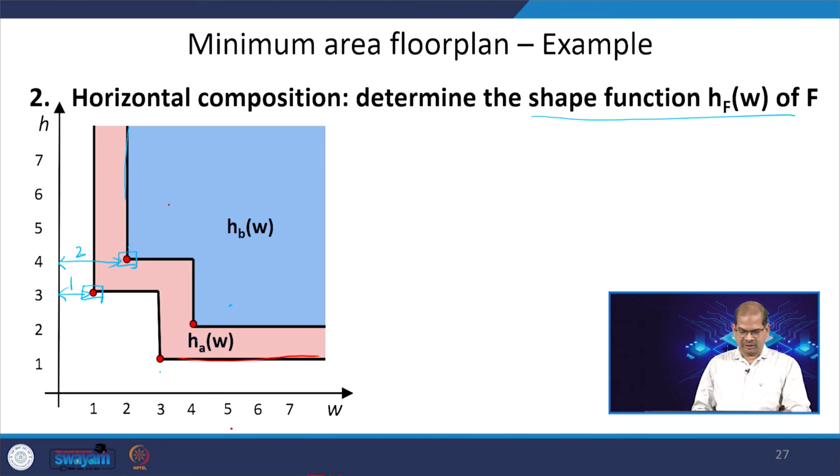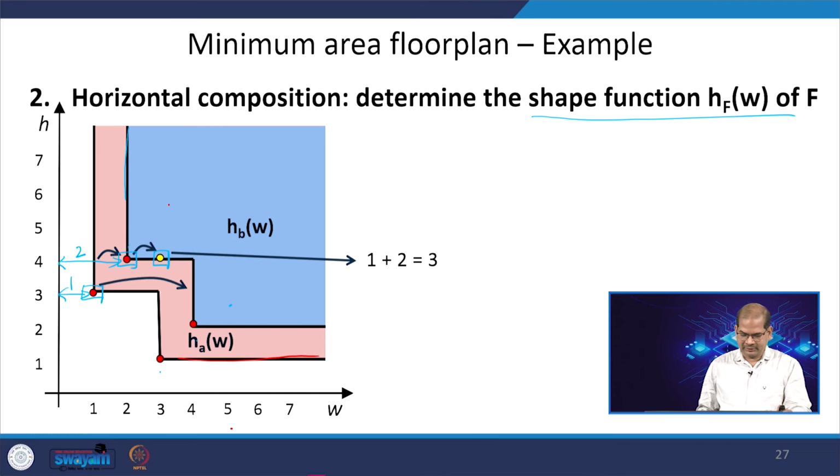Then the feasible point in the horizontal composition of the floor plan will have a value of 3. So, this is a feasible point of the shape function of the horizontal composition.